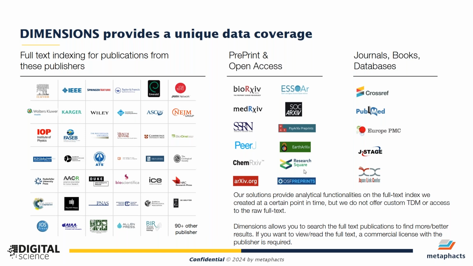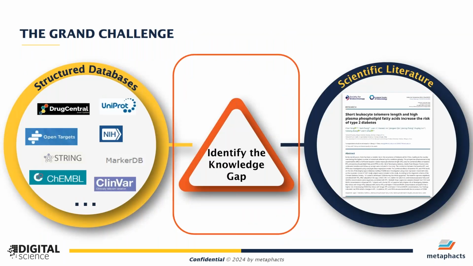In addition, we have preprints and open access and journals and books in the scientific data coverage, which gives us a very broad access to the information that we can use to search the full text. It doesn't mean that our customers can get this text from us. This is still the ownership of the publishers, but we can help to find those documents that contain the information that you are looking for.